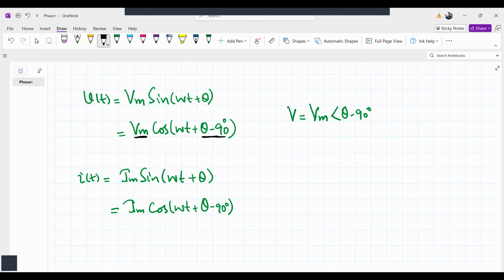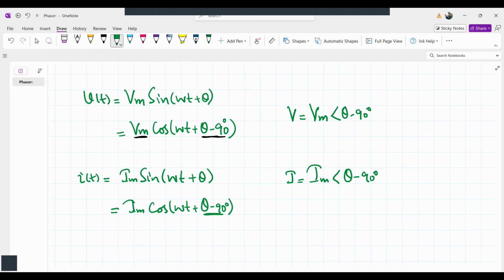Then the phasor representation of this current is given as capital I equal to Im, the amplitude, at an angle of theta minus 90 degrees. The phase here is theta minus 90 degrees.